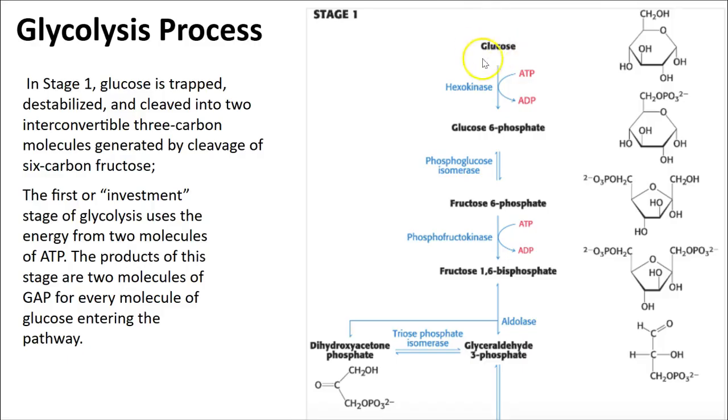So once again, you have one molecule of glucose and it ends up generating two molecules of this glyceraldehyde. But to make this glucose into this glyceraldehyde, we have to sacrifice exactly two ATP in order to generate this molecule.